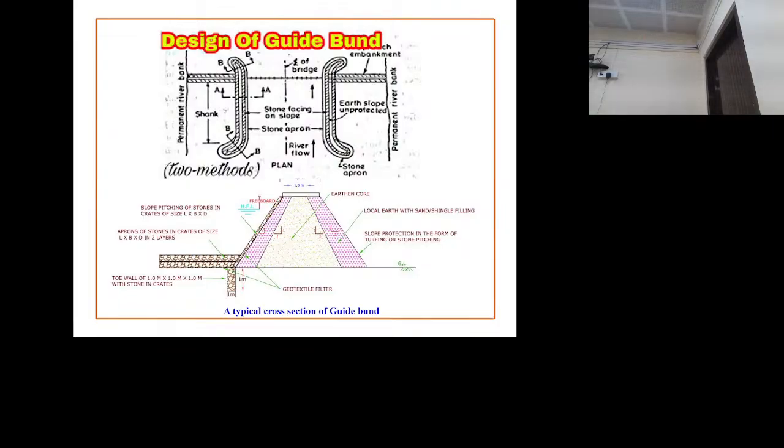This is the thickness of weights. After that, this is the launching gap. This is the thickness of the launching gap. This is the length of the launching. This is the toe wall. The use of the toe wall is to support the slope protection.